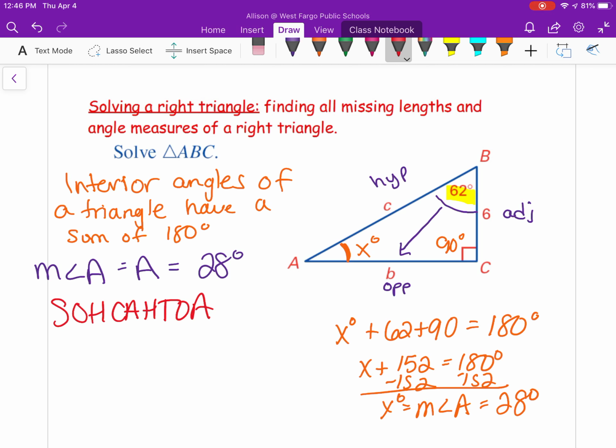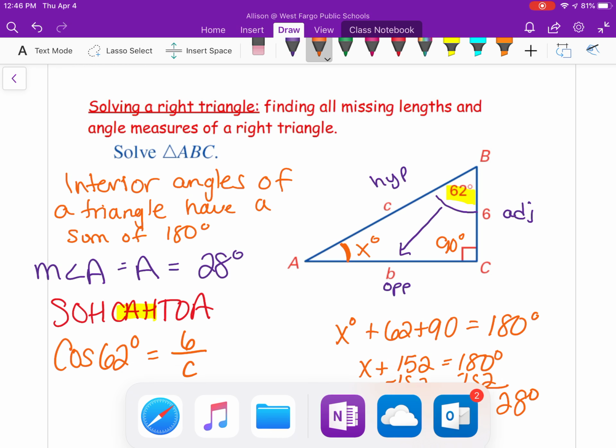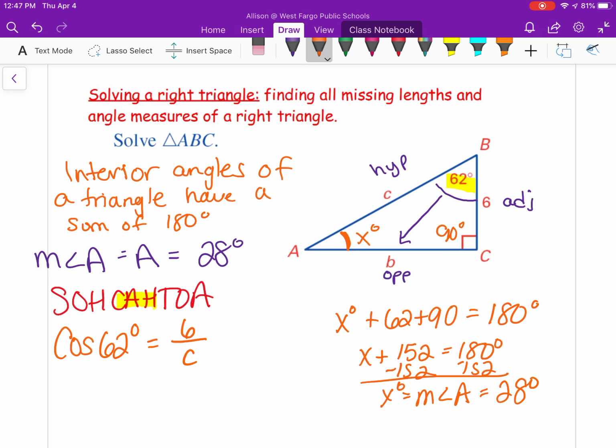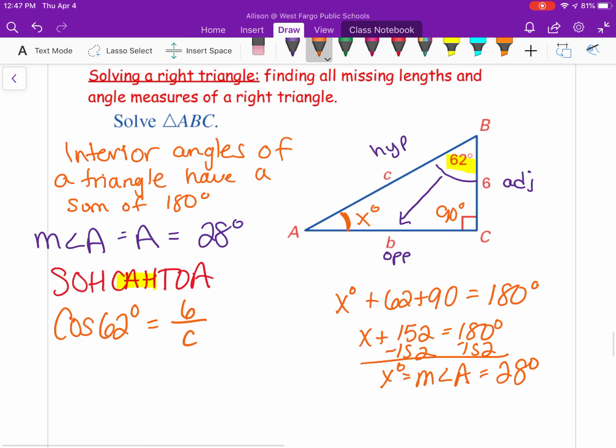If I know the adjacent side and I want to find the hypotenuse, I can use cosine, because I know the adjacent side and I'm just missing the hypotenuse. So I can say that the cosine of 62 degrees will equal the adjacent side over the hypotenuse. And now I have an equation with just one variable and I can solve it for C.